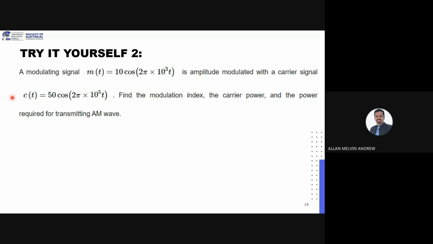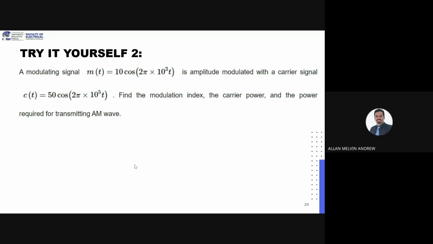The carrier signal ct equals 50 cos 2 pi times 10 to the power of 5t. You need to find the modulation index, the carrier power Pc, and the power required for transmitting the AM wave, P total. Try to answer these two questions for you to get a better understanding.